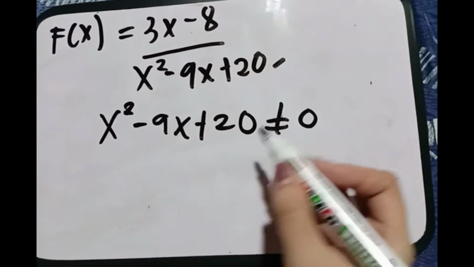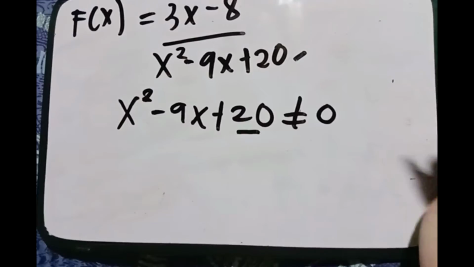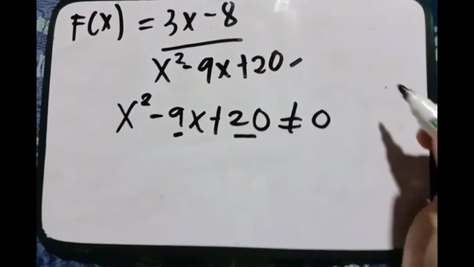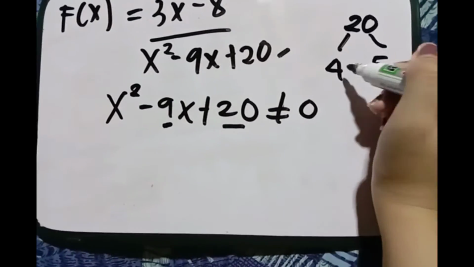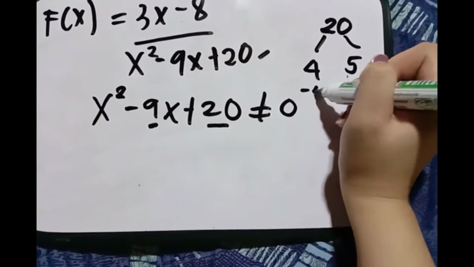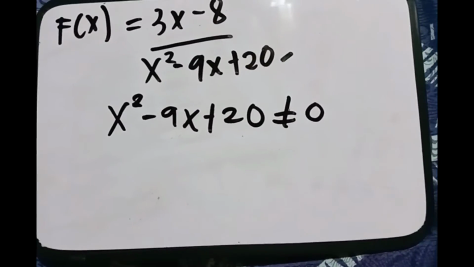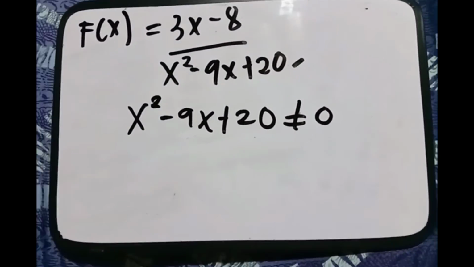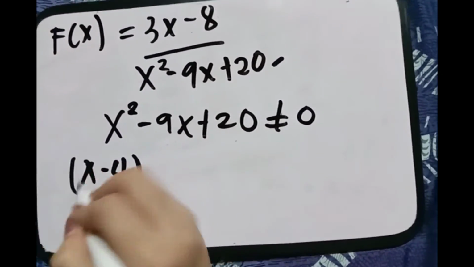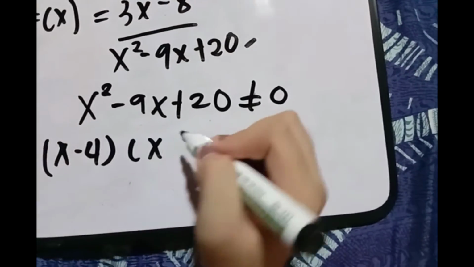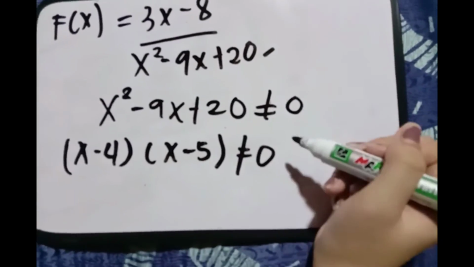Before we proceed, we need to find the numbers whose product is 20 and whose sum is positive 9. We know that 4 times 5 is 20, but we need to change it into negative 4 and negative 5 to become positive 9. So let's factor using negative 4 and negative 5: (x minus 4)(x minus 5) is not equal to 0.